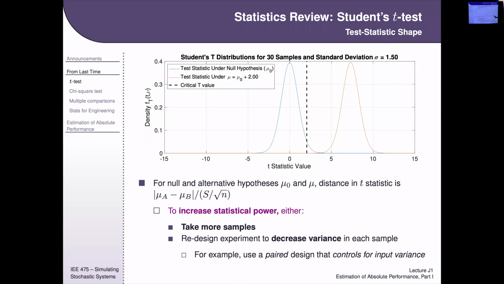So that's our goal: if we're stuck with a test, the way we get more statistical power is to take more samples or to decrease variance. We have certain standards for statistical power. We want 80% or more. So we would like to design our experiment to either take enough samples or decrease the variance enough to give us 80% statistical power.